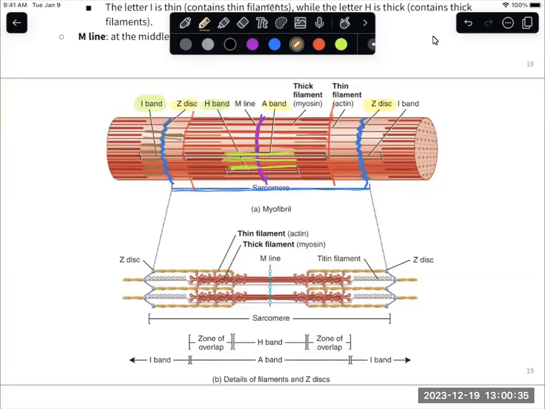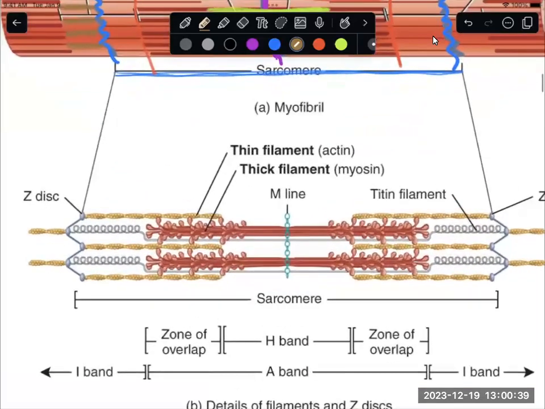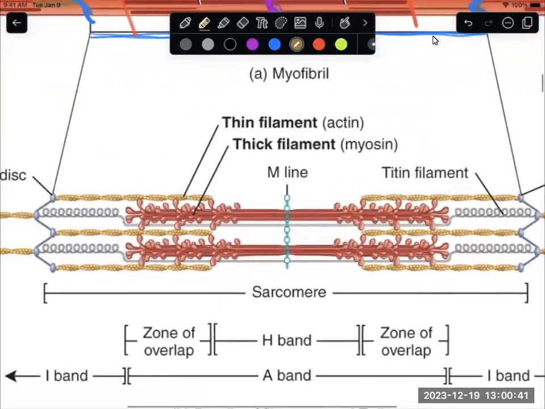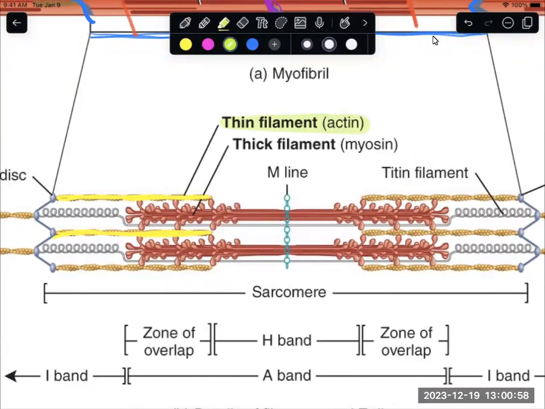So if we go down from this drawing to the actual details of what we have here, we have our thin filament, which is in yellow. This thin filament in yellow is my actin. We have our thick filaments in red.